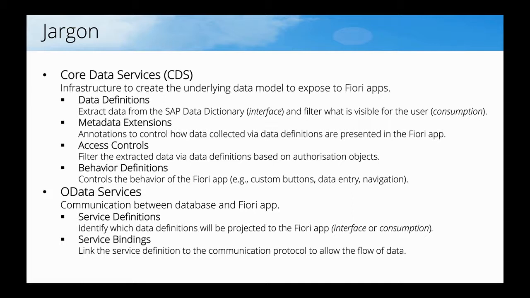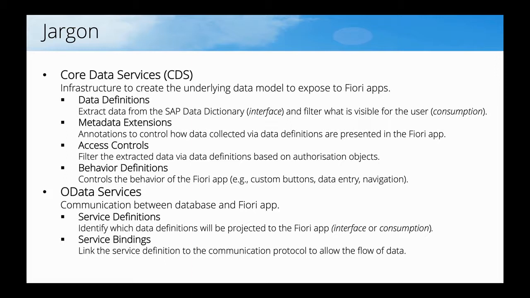Then you also got your OData service. That is making sure that there is communication between the database and the app. And you do that in two steps. First, you do a service definition. That is basically going to say what data am I going to offer to the Fiori app. And then you got the service binding that actually makes the communication channel.